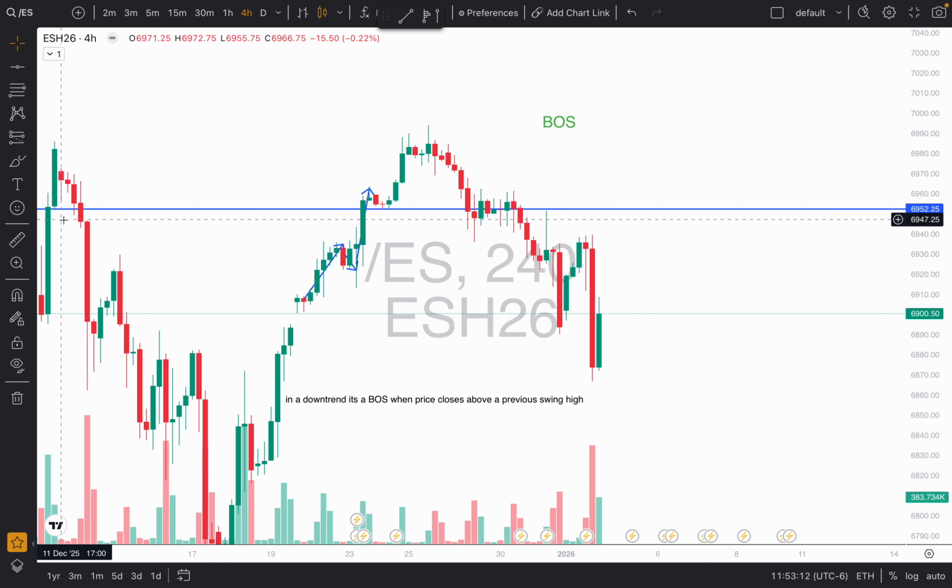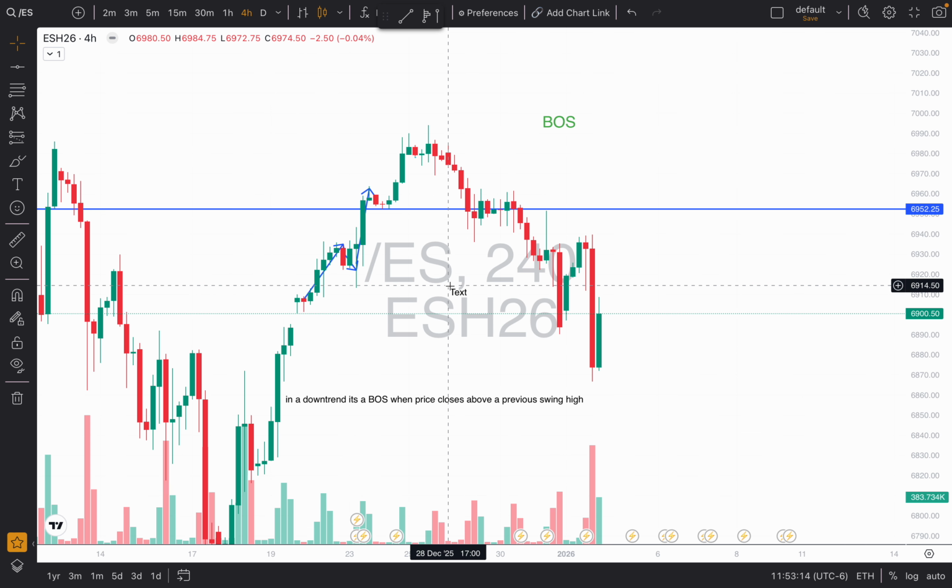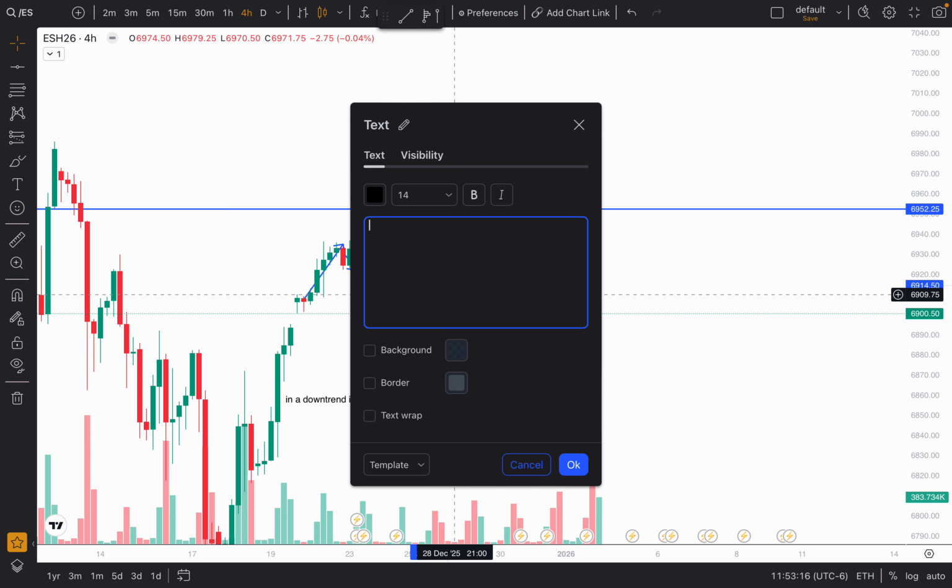In an uptrend, it is a break of structure when price closes below that previous swing low.